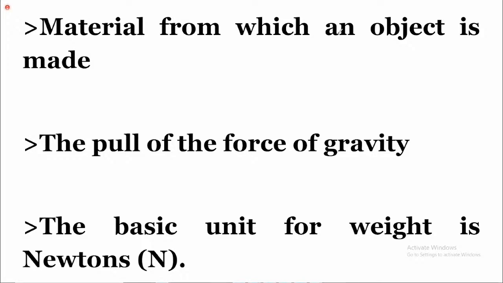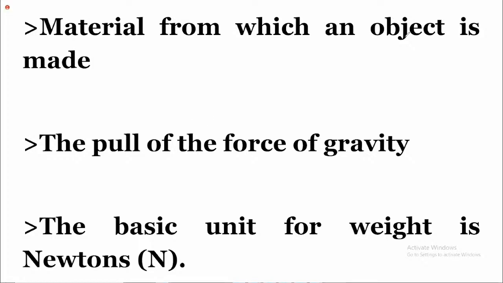When objects are nearer the Earth's surface, they will weigh more than objects which are miles away from it. So the nearer you are to the ground, the heavier you become. The farther you are from the ground, the lighter you become.